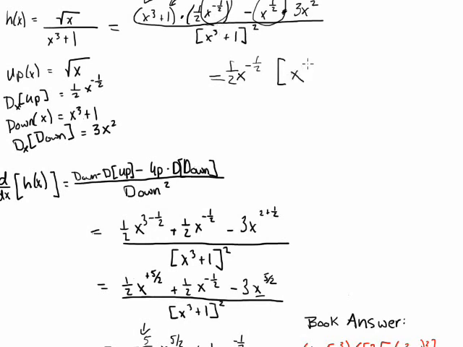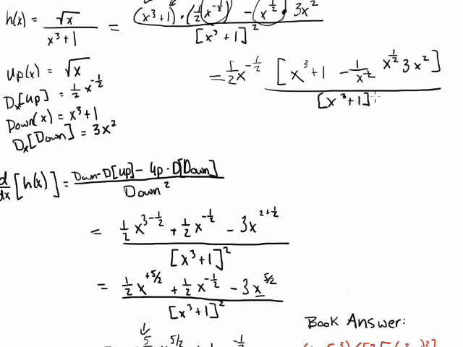I'll factor that whole thing out, and then minus, okay, so I factored out an x to the negative 1/2. That would give me the same thing as taking out 1 over x to the negative 1/2 from x to the 1/2 times 3x squared. And of course, this is all still divided by x cubed plus 1 quantity squared.